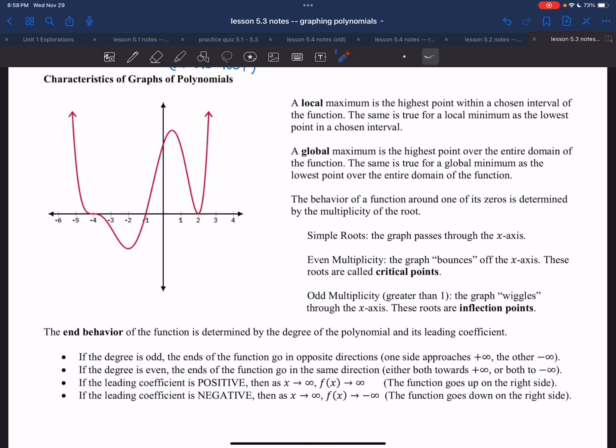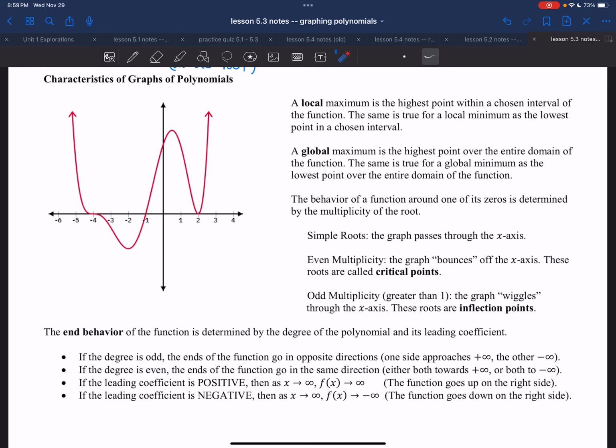A global enterprise would be all over Earth. A local organization would only be in your hometown. So global refers to the entire domain. If you look at the function for its entire domain, that's global. Local means you're just looking within a specific interval, between these two values. So that's what local means.